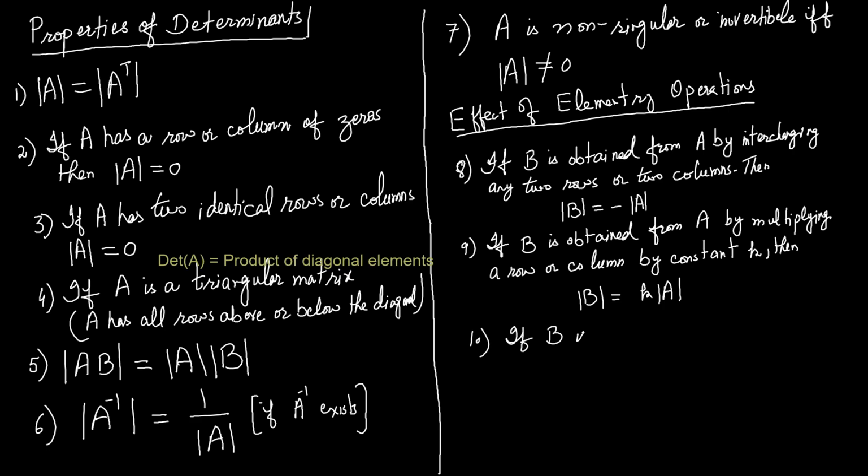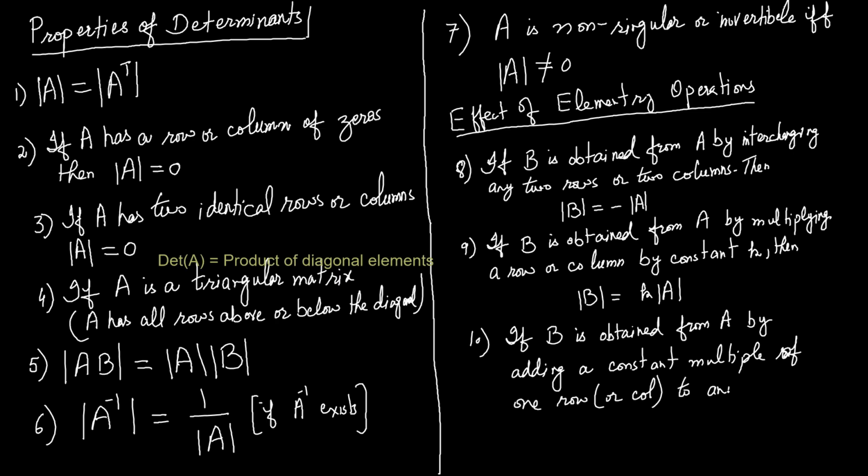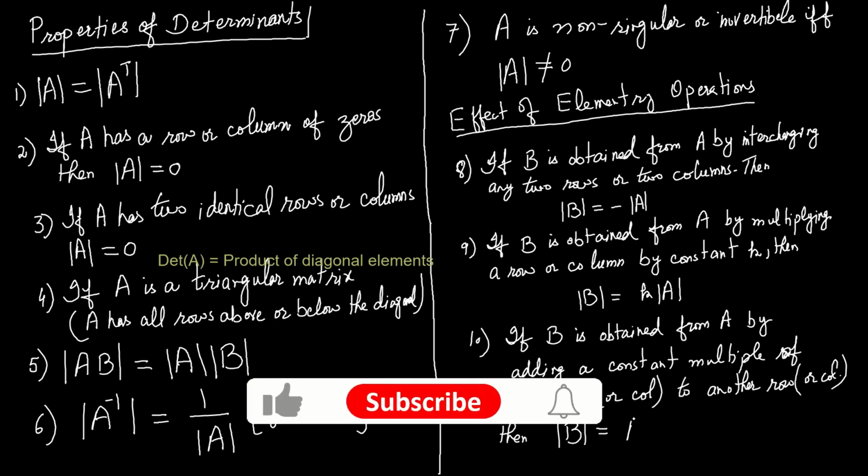If B is obtained from A by adding a constant multiple of a row or column to another row or column, then the determinant of B will remain the same as the determinant of A.